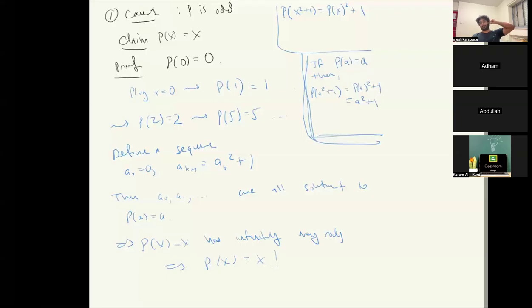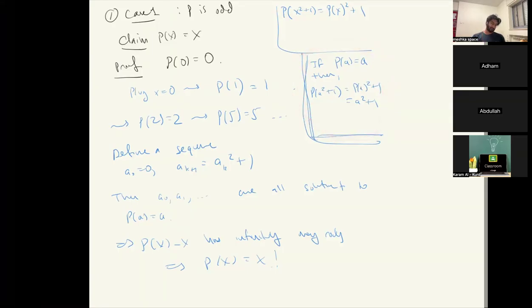Great. So any questions about this argument? It's very nice, right? This is the key observation here. But don't we only show this in the case that x is an integer? We can never actually show, for example, that p of half is equal to half. Oh, no, but what's the point?